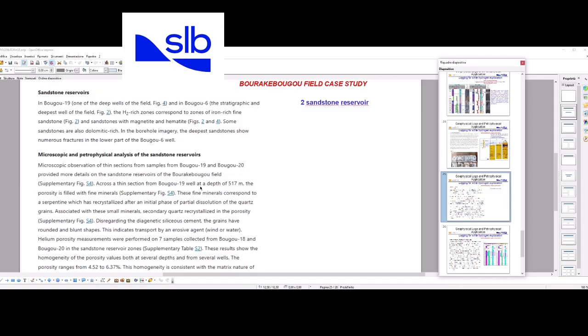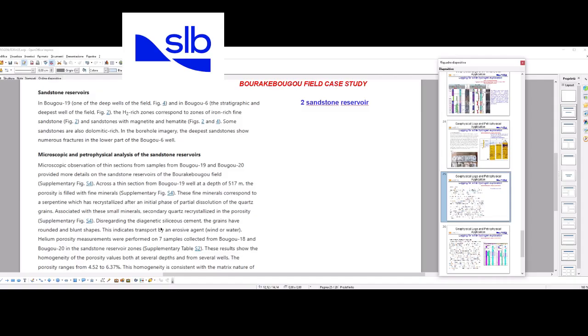in some wells, there are fine minerals that correspond to serpentinized mineral that has been recrystallized after initial phase of partial dissolution of quartz grain. Associated to these small minerals, we have also a second phase of recrystallization of quartz in the porosity. This indicates transport by an erosive agent.